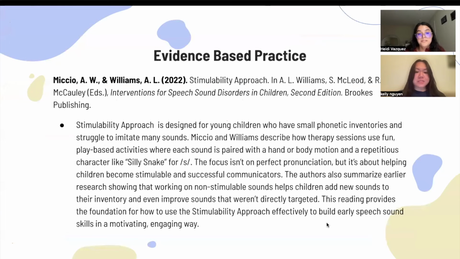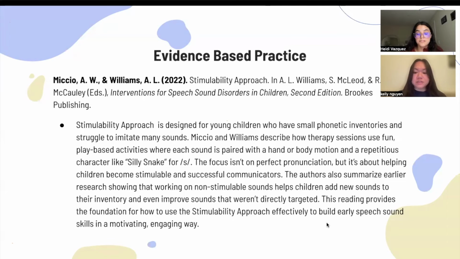An evidence-based practice is by Miccio and Williams, where the stimulability approach is designed for young children who have small phonetic inventories and struggle to imitate many sounds. Miccio and Williams describe how therapy sessions use fun, play-based activities where each sound is paired with a hand or body motion and a repetitious character like silly snake for S. The focus isn't on perfect pronunciation, but on helping children become stimulable and successful communicators.